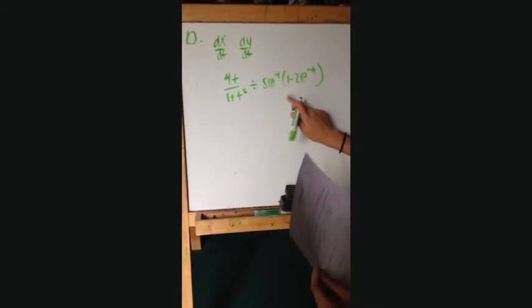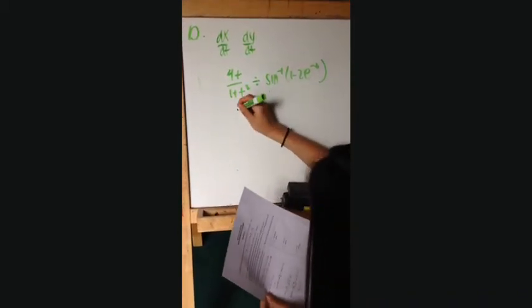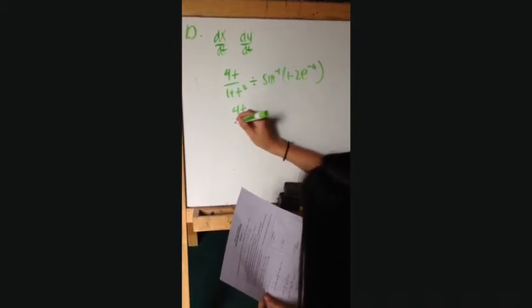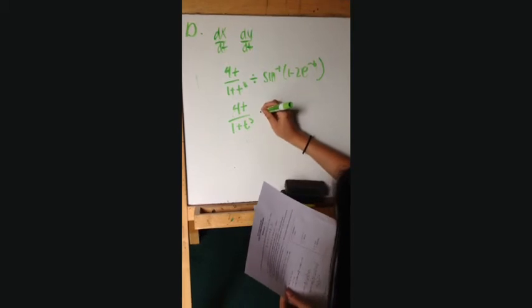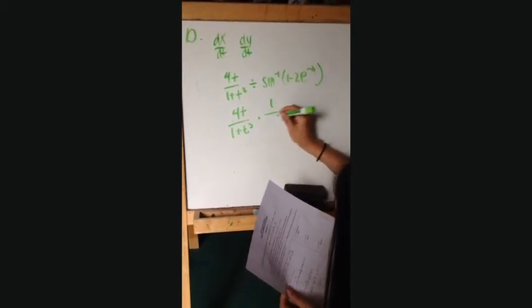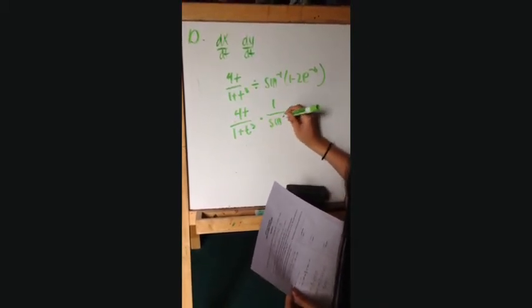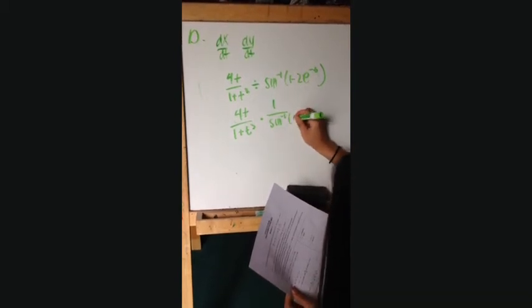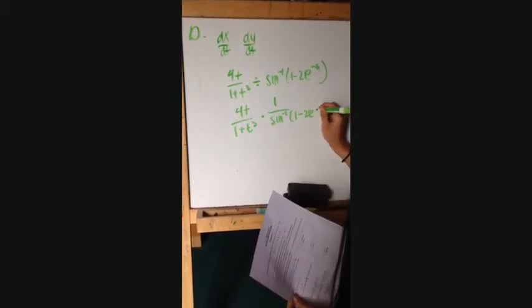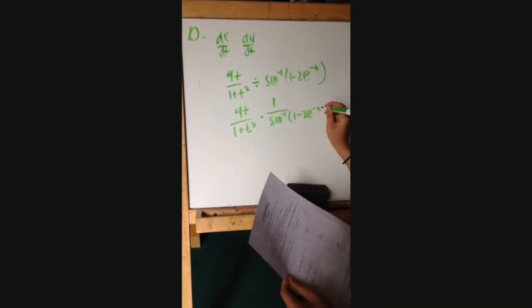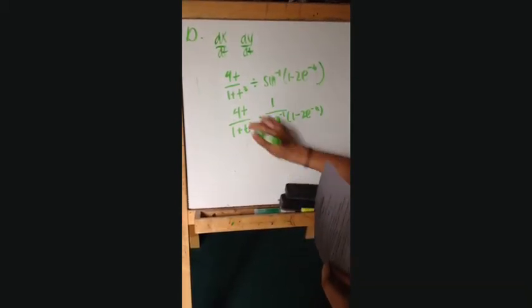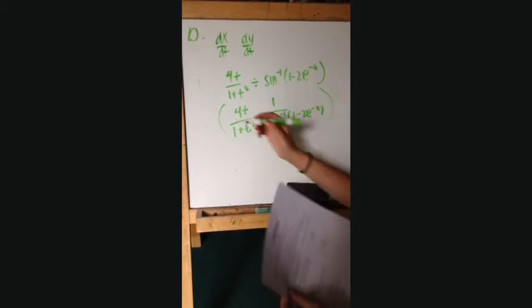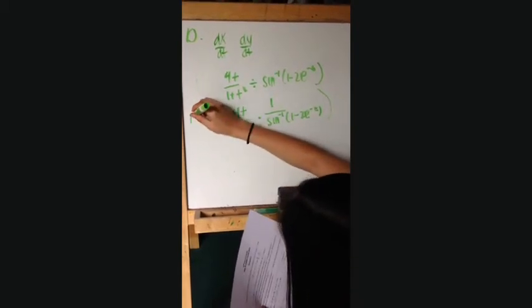And you could just flip this and multiply, so 4t over 1 plus t to the third times 1 over arcsine of 1 minus 2e to the negative t. And it says to find the limit as t approaches infinity.